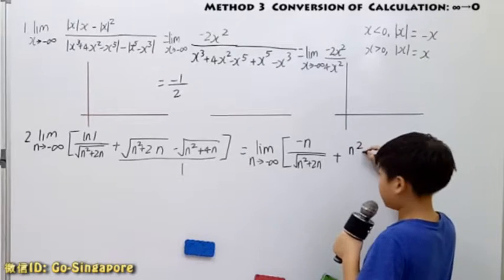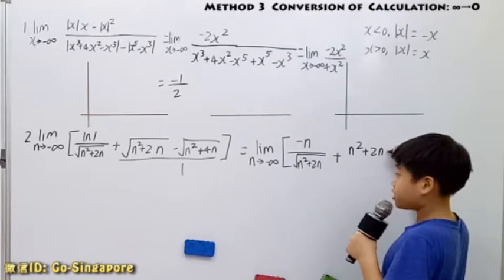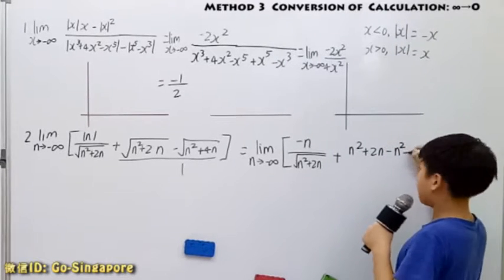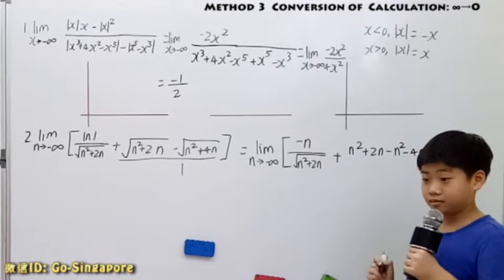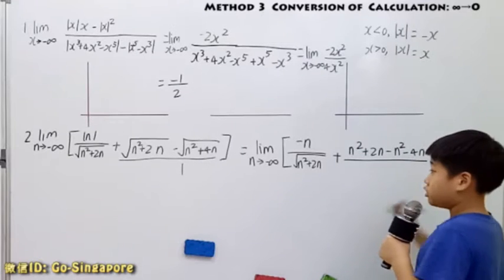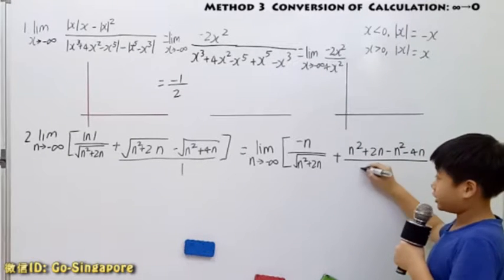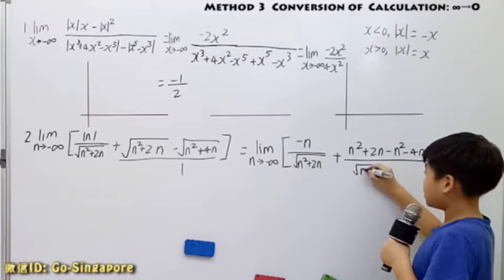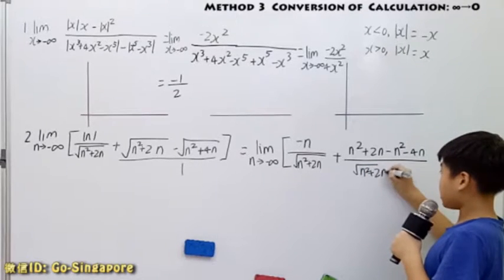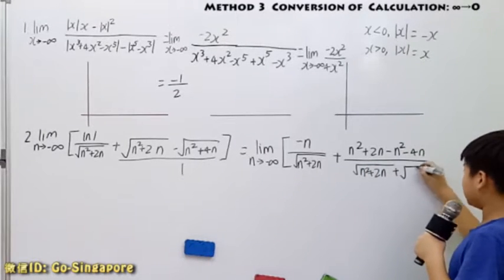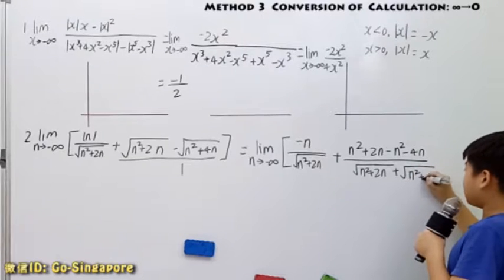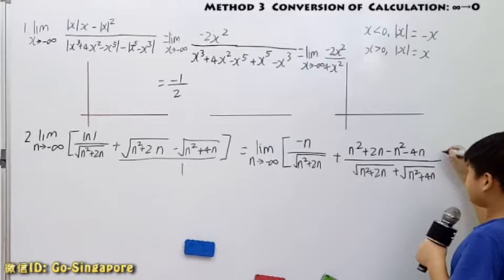So this is actually n squared plus 2n, then you minus n squared minus 4n. So for this, it is actually just over the square root of n squared plus 2n, plus the square root of n squared plus 4n.